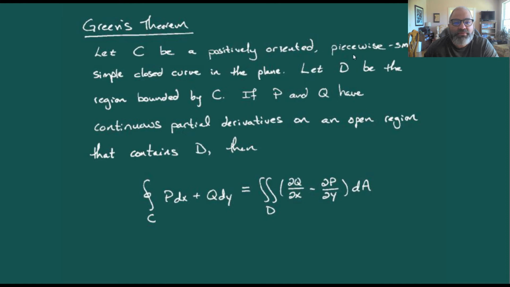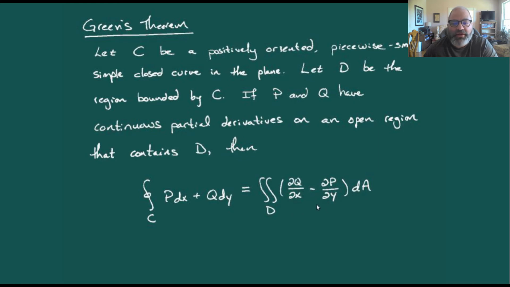Well, if we let C be a positively oriented, piecewise smooth, simple closed curve in the plane, and we let D be the region bounded by C, then if P and Q have continuous partial derivatives on an open region that contains D, our line integral over this simple closed curve (remember, that little circle says we're doing a line integral over a closed curve) is going to be equal to the double integral over D of partial Q partial x minus partial P partial y dA.